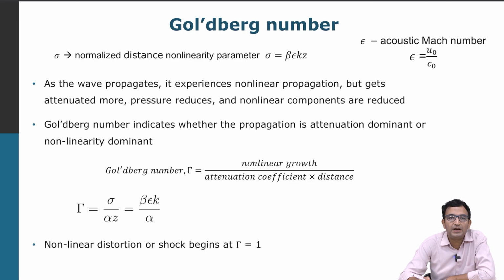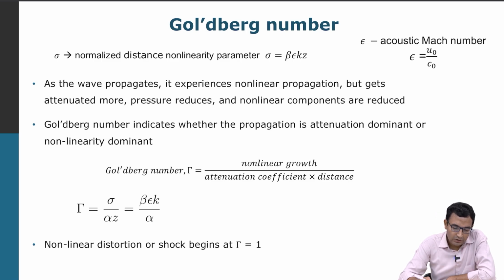So these two competing parameters will decide how distorted a wave gets. If you have, say, moderate nonlinearity but very high attenuation, the wave is not going to distort much because attenuation is going to very quickly dissipate the high harmonics.